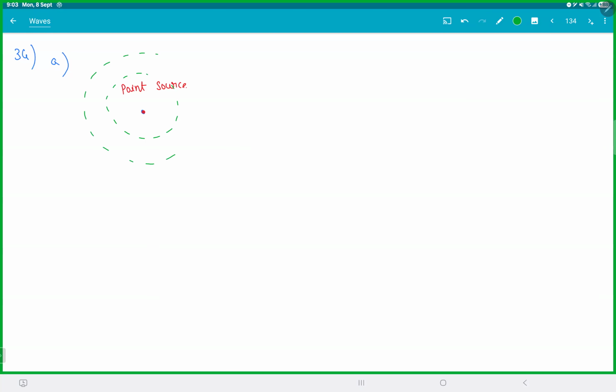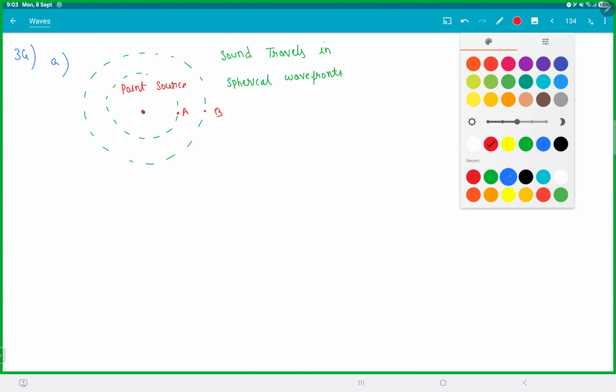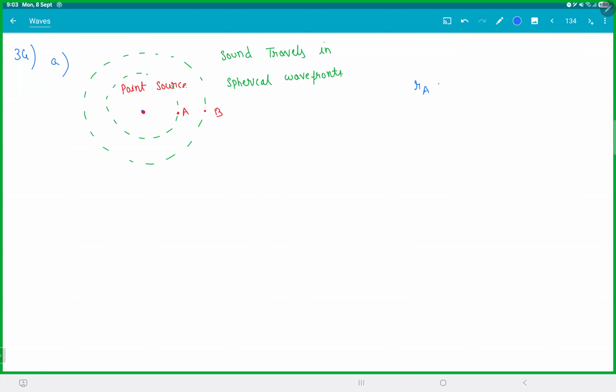Here sound travels in spherical wavefronts. We have 2 points here, A and B. RA is R and RB is 2R.